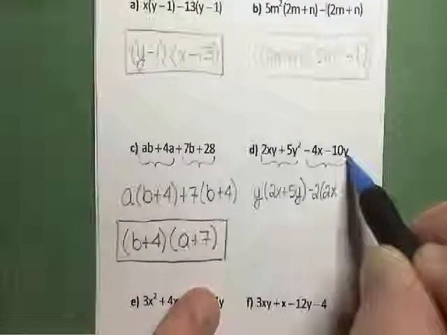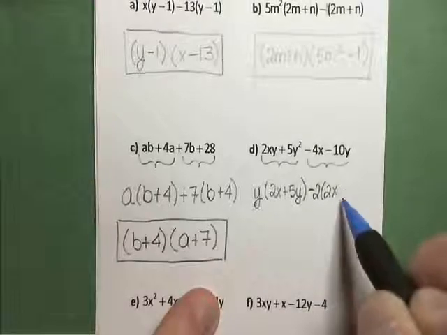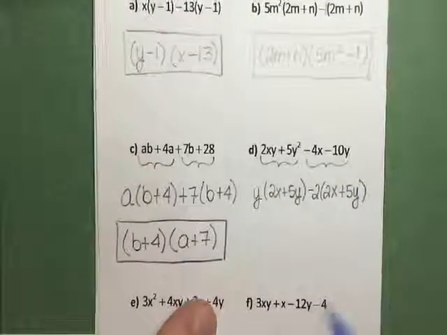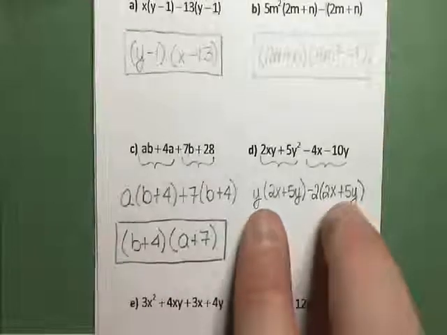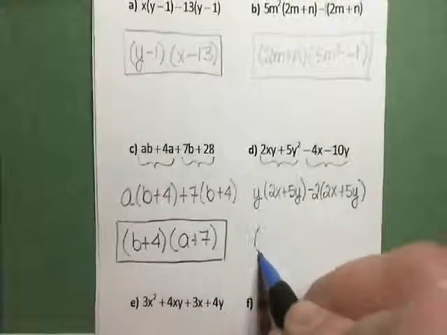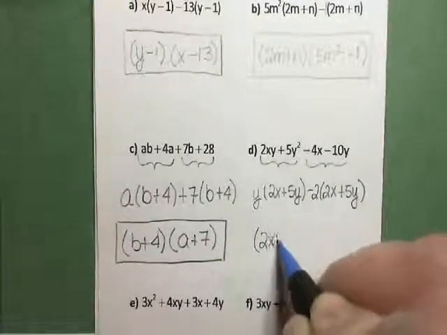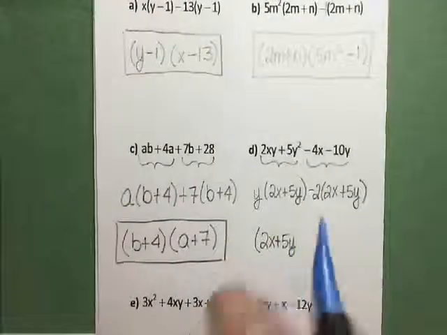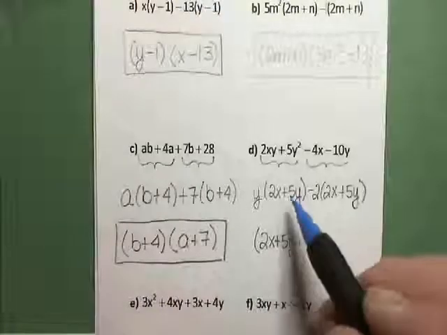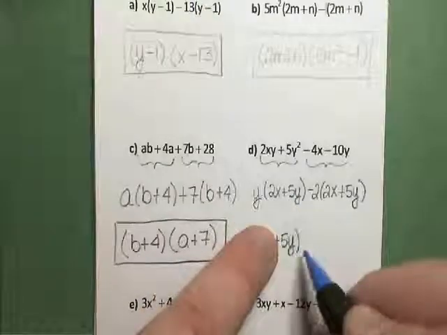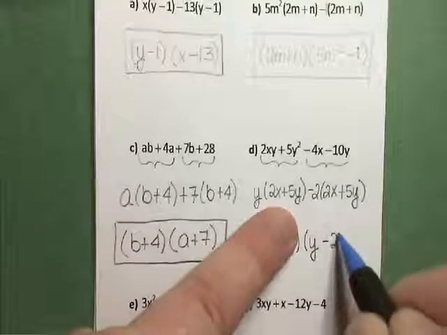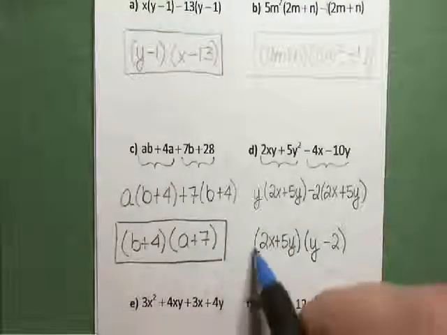And negative 10y divided by negative 2 gives you positive 5y. And would you look at that? I have two terms, and what do I have in common? 2x plus 5y. If I take those out, from the first term I'm left with y, and from the second one I'm left with negative 2. And that's my factorization.